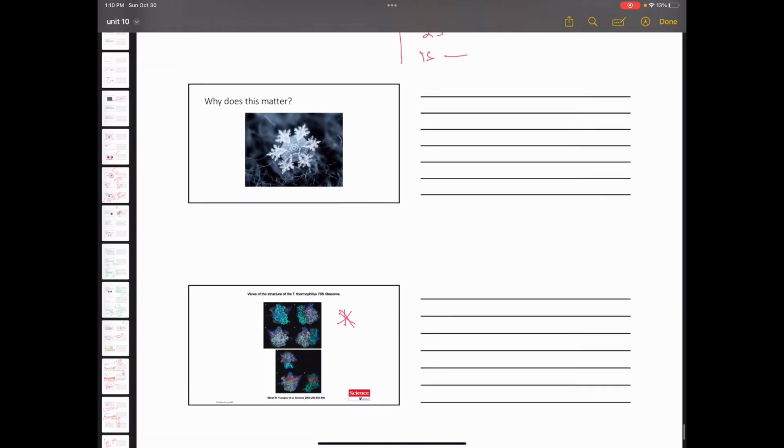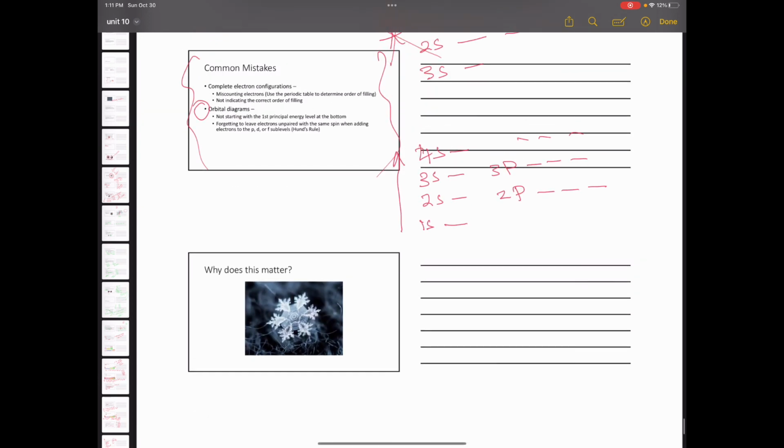But electron properties have tremendously helped the scientific community take detailed pictures of human cell biology, and so on and so forth. Okay, I hope you find this interesting.